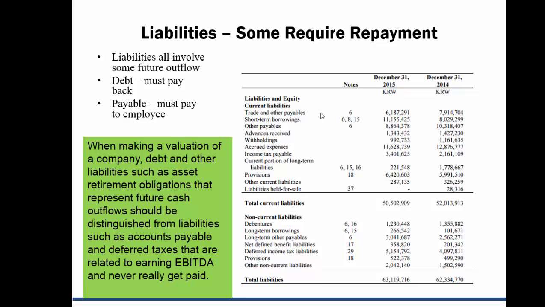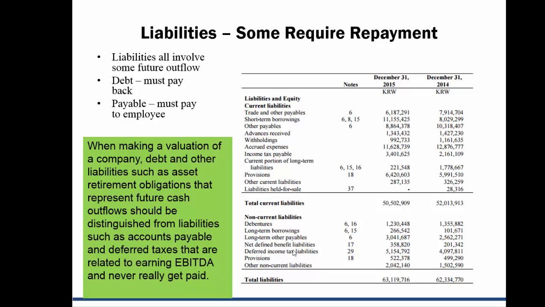Trade payables are part of the EBITDA. If you change your arrangements with suppliers, they're probably going to charge you a different price. If they charge you a higher price because you say, I want to pay you 3 years from now, and they say, okay, we'll charge you a higher price, then the EBITDA goes down because that's purchases. So that's related to EBITDA, some are not.